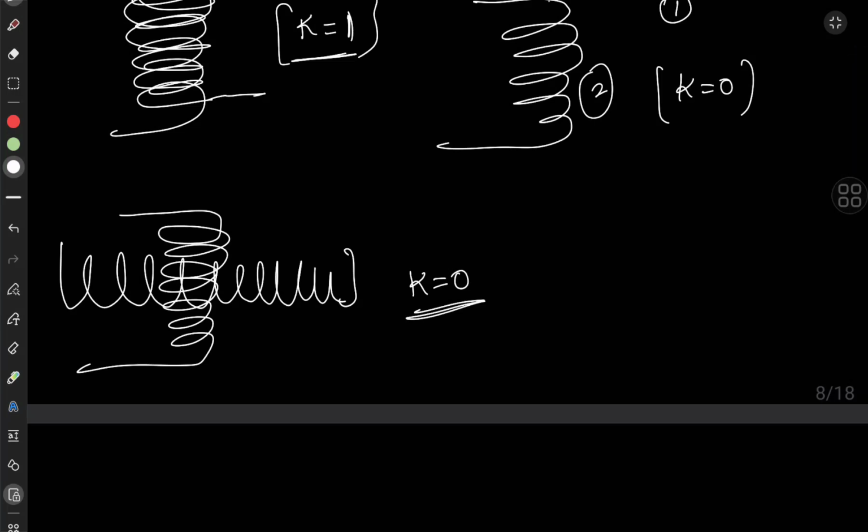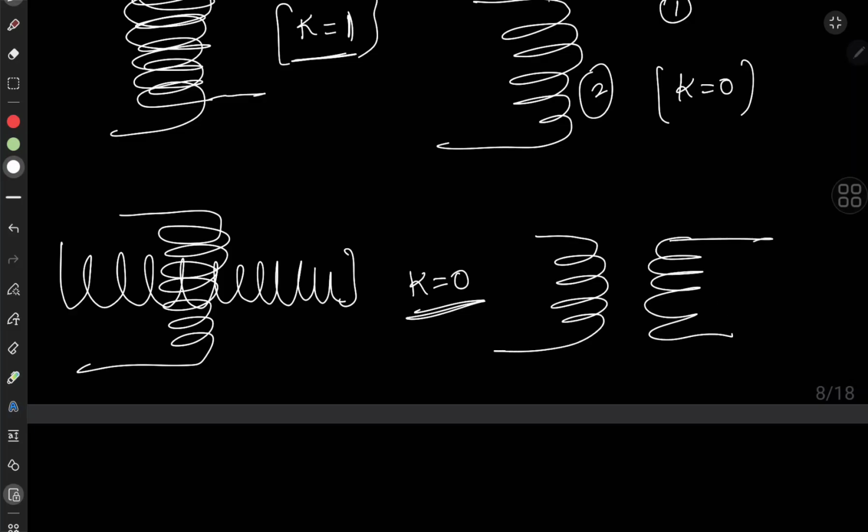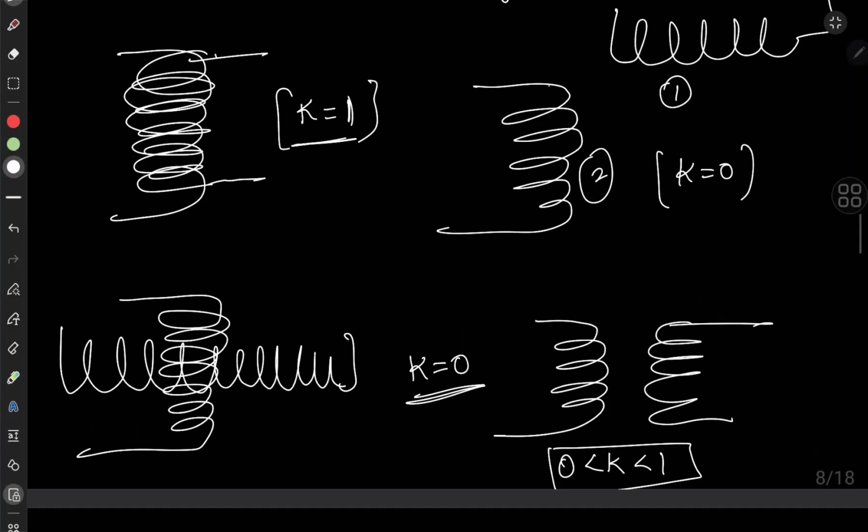Now, for example, you are having one coil like this and another coil somewhere near it like this. Here we can say the coupling constant will be varying from 0 to 1. Only in this case it is possible. So the coupling constant can vary from 0 to 1.